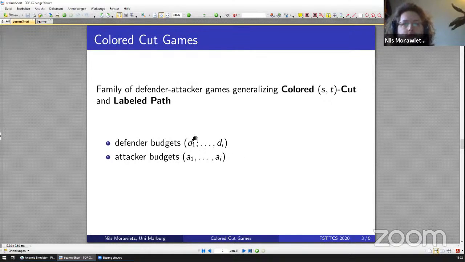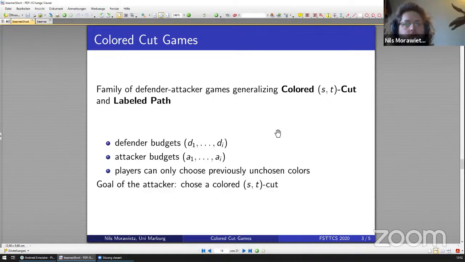Each player has a budget d_j in his j-th turn. So the defender is allowed to choose d_j many colors in his j-th turn, and the attacker is allowed to choose a_j many colors in his j-th turn. And there's only one other rule, namely that the players are not allowed to choose previously chosen colors. And as I mentioned, the goal of the attacker is to disconnect S and T, whereas the defender tries to connect S and T.